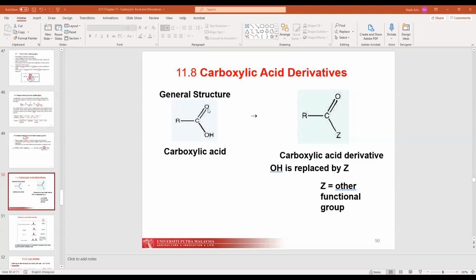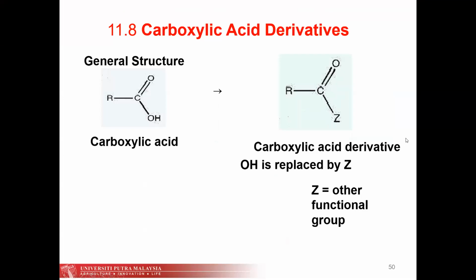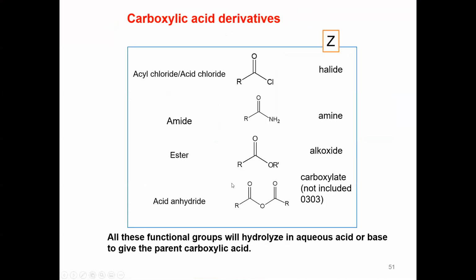So basically the general structure for carboxylic acid is COOH. So carboxylic acid derivative is OH replaced by the Z. Z is basically the other functional group: Cl, NH2 or alkoxide. We have acid chloride, also can call as acid chloride.